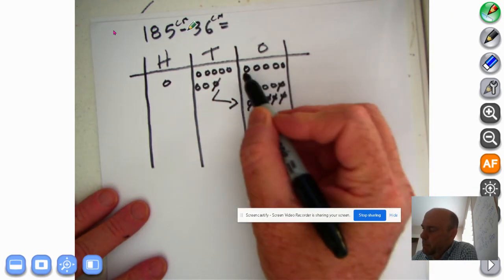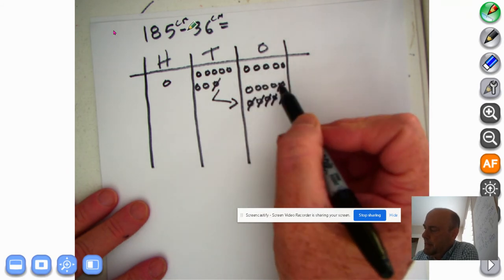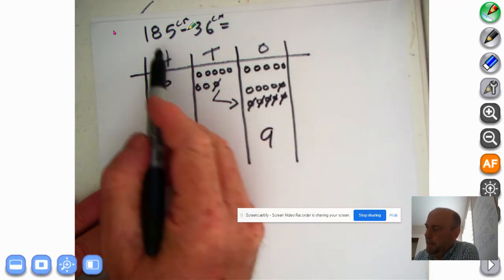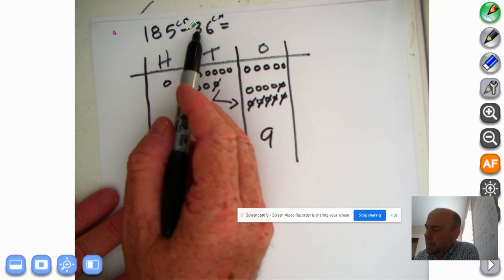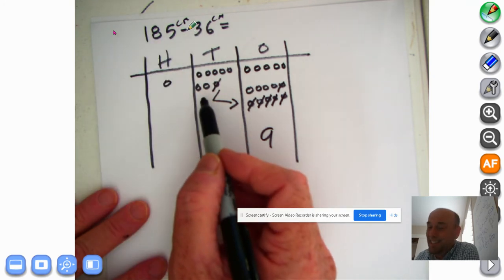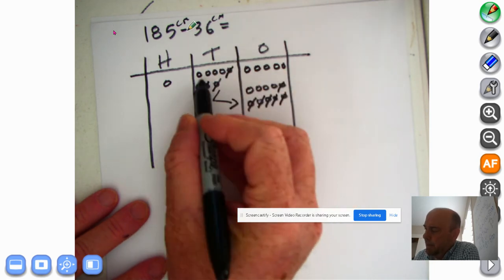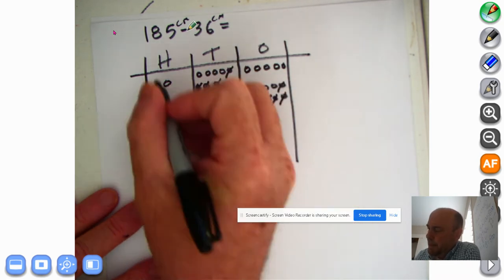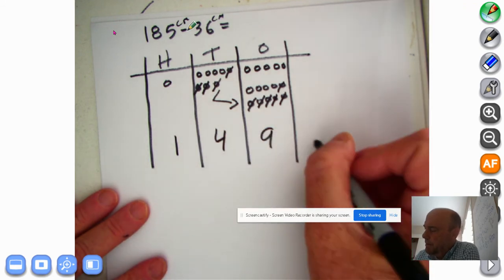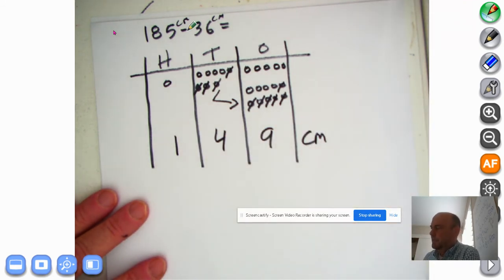How many do we have left? 1, 2, 3, 4, 5, 6, 7, 8, 9. Now we're going to subtract 3 tens from 8 tens, but these 8 tens are no longer 8 tens. They're 7 tens. 1, 2, 3. We have 1, 2, 3, 4. And the 100 comes on down, and we have 149 centimeters.